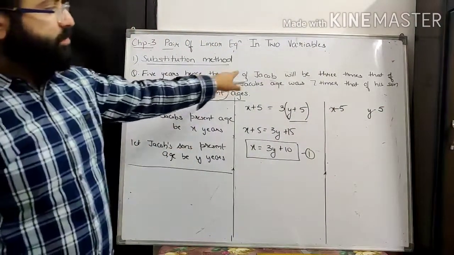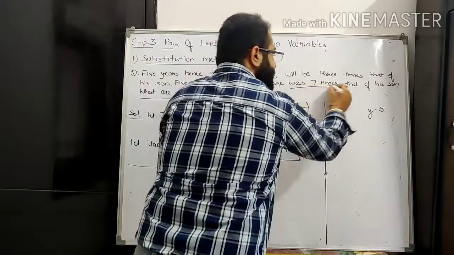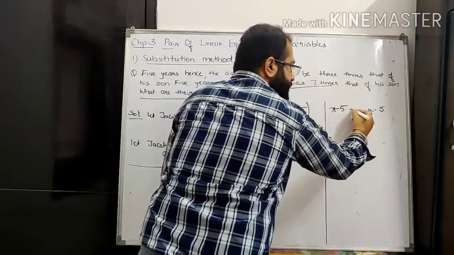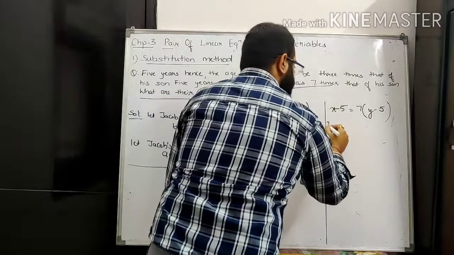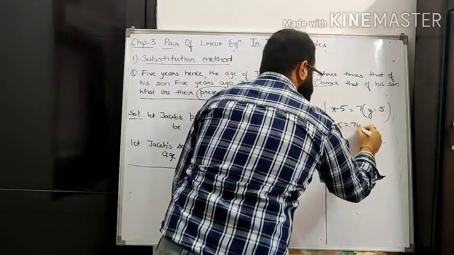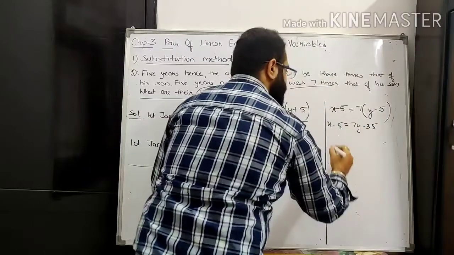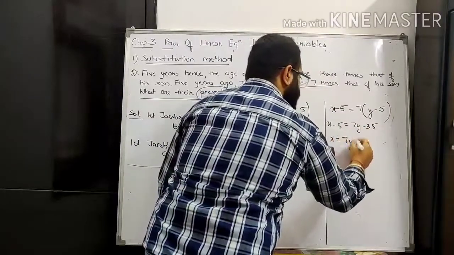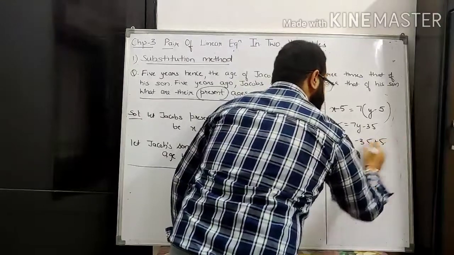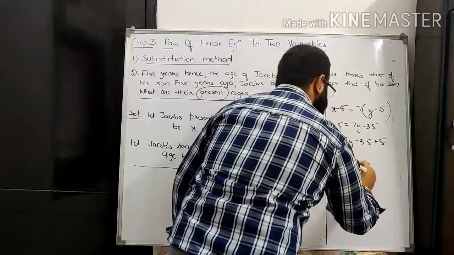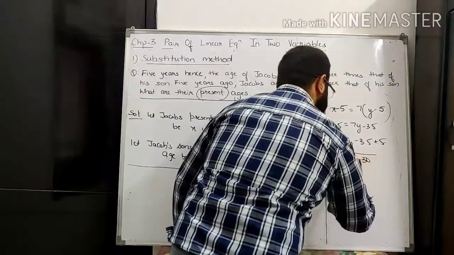Jacob's age was 7 times the age of his son. Simplifying this, you'll get x minus 5 equals 7y minus 35, so x will be 7y minus 35 plus 5, which is 7y minus 30.